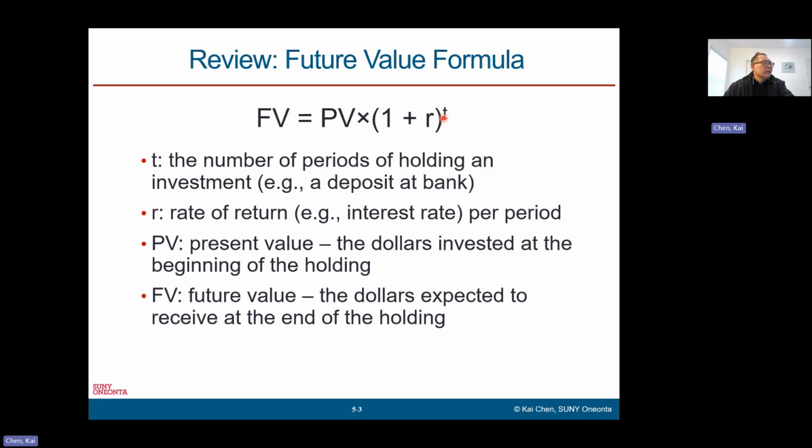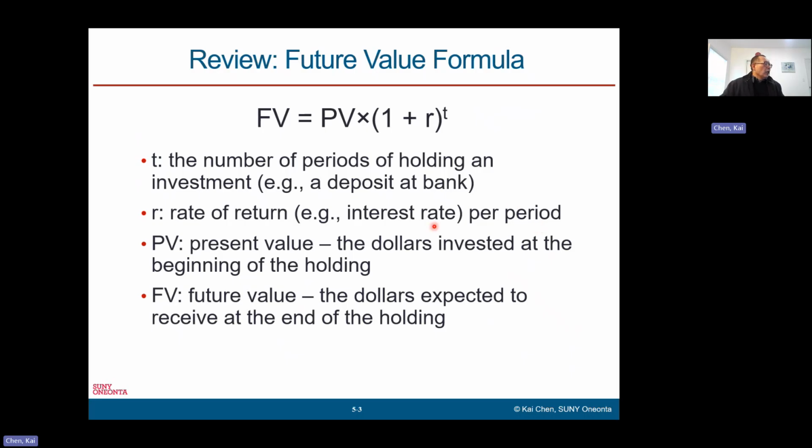First of all, t defines an investment process, or the investment holding period. And r is the rate of return per period. Of course, t and r should be consistent in terms of units.